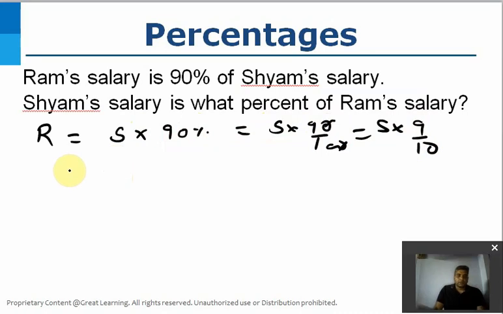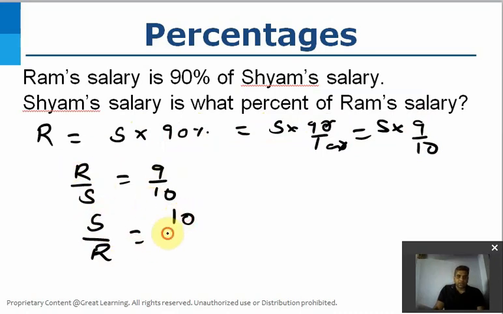Now I need to find out Sam's salary is what percent of Ram's. So R by S is nothing but 9 by 10. I need to find out S by R. So I just reverse the ratio and I get S by R as 10 by 9. And to find this in terms of percentage, we have already seen that we just multiply by 100.